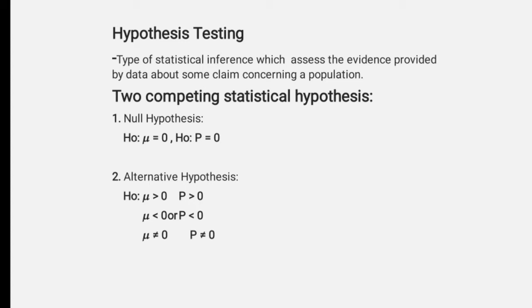And when we're working for the population proportion, we're gonna be working with p greater than 0 or p less than 0, or p not equal to 0. And these are just the statistical or mathematical notation that we will use in constructing or writing our null and alternative hypothesis.